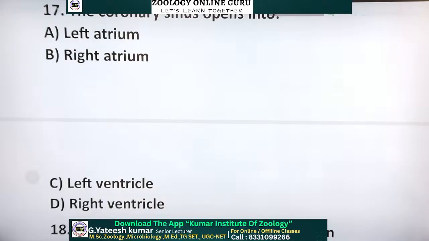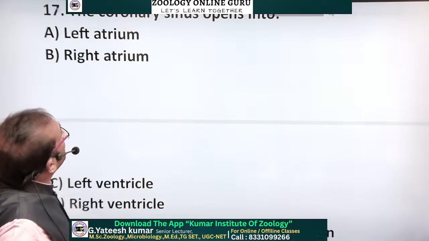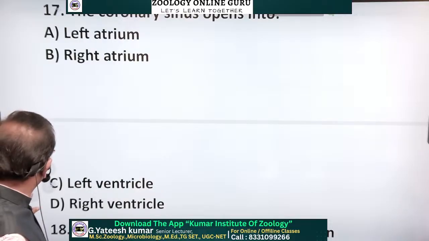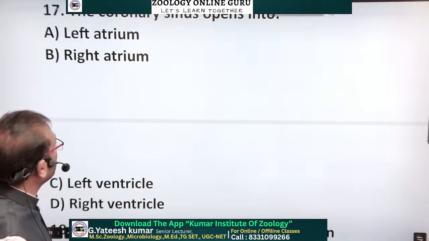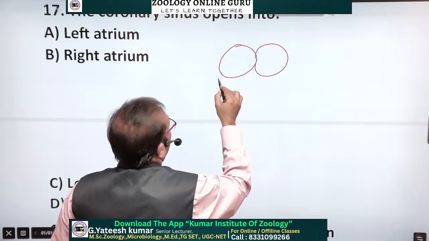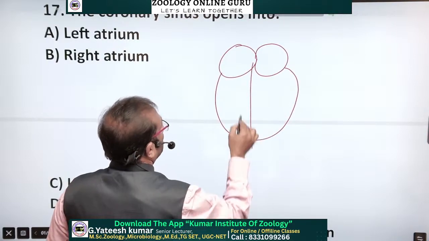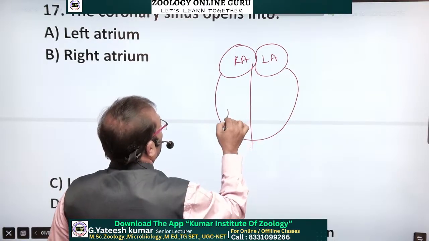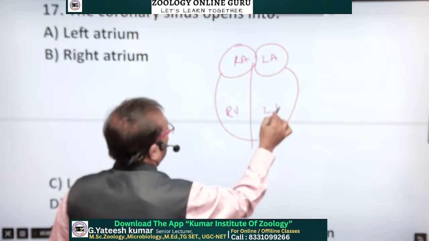Sixteen questions were completed. Answer the 17th question. The coronary sinus means the coronary vein. The coronary vein opens into the right atrium, left atrium, right ventricle, or left ventricle.